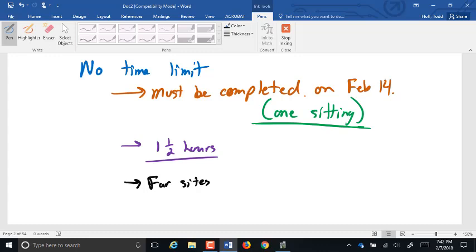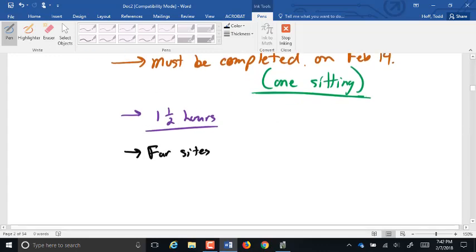Depending on your location, some locations have a separate ITV office. Many of the locations, just go to the library desk and they'll have it. You can just pick up your test there. They'll make sure that you know what you're allowed to do, and just take it anytime during the day. But again, it has to be done in one sitting. You can't start in the morning and come back in the afternoon. You can't walk off with it and bring it back later. You have to do it in their controlled environment.